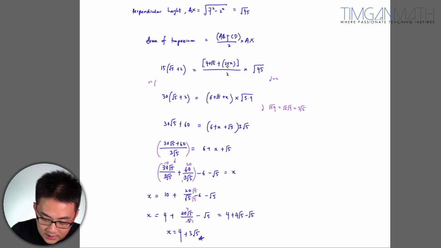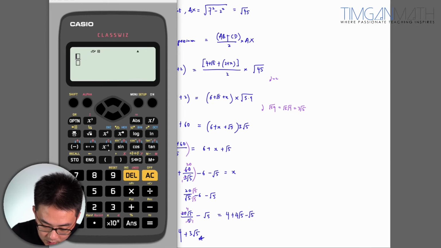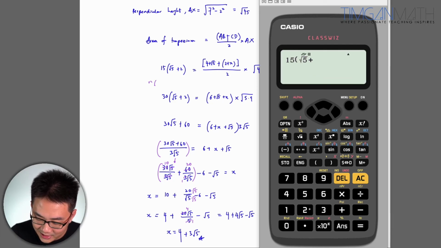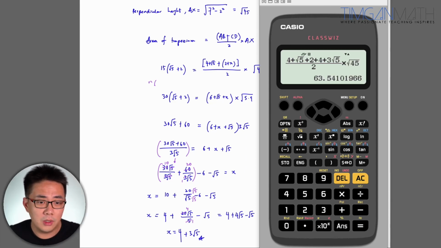So key in root 5 plus 2, then x as plus 4 plus 3 root 5, divided by 2, and multiply this with root 45. You should be able to get the same answer. I don't really like to use the calculator on my computer, but there you go. You should get the same value. If you get the same value, you're right.